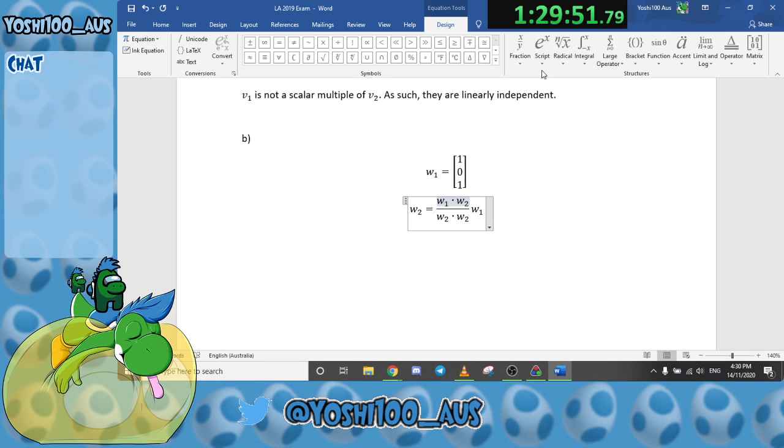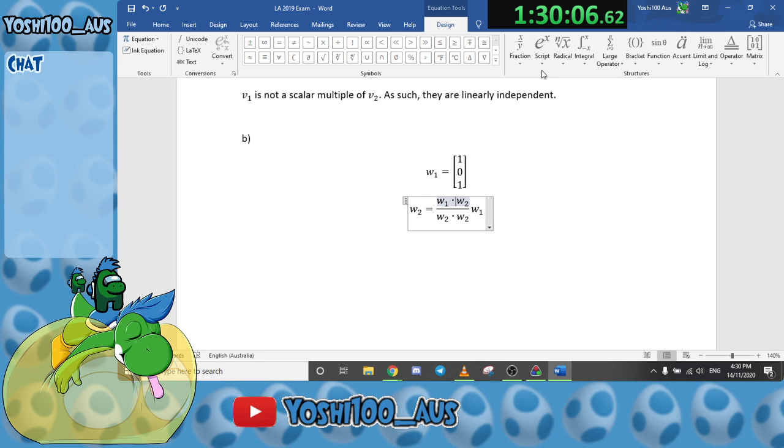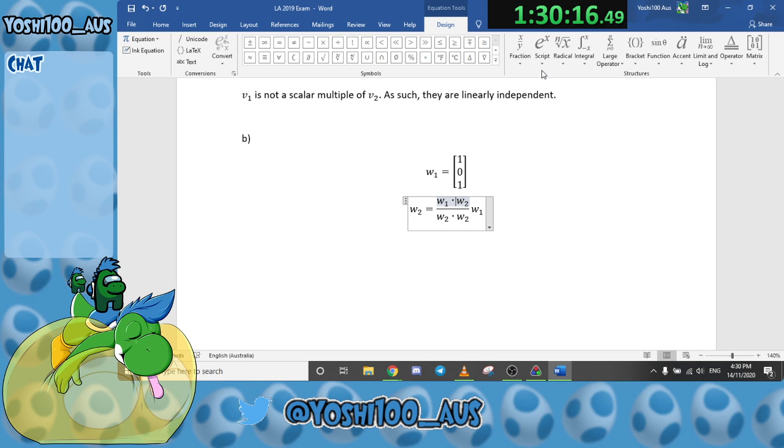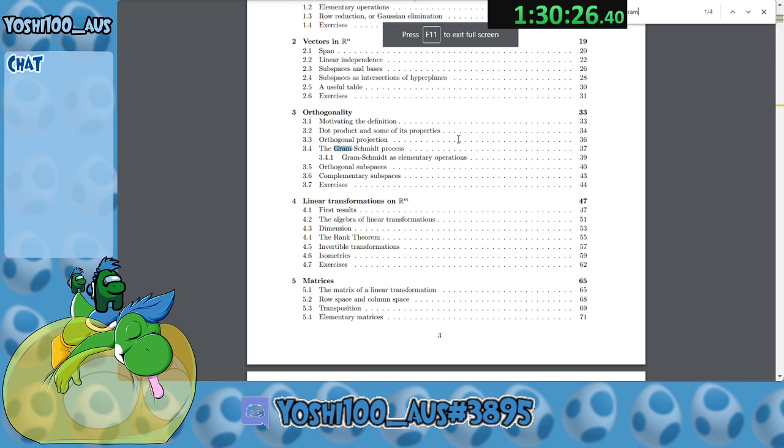I have the lecture notes up too, so I can look at that, but I was just wondering if I could find it in my notes, because that would be useful too. Yeah, whatever. I'll look at the notes. It won't be hard to find anyway. I'm just lazy. Let's look at Gram.